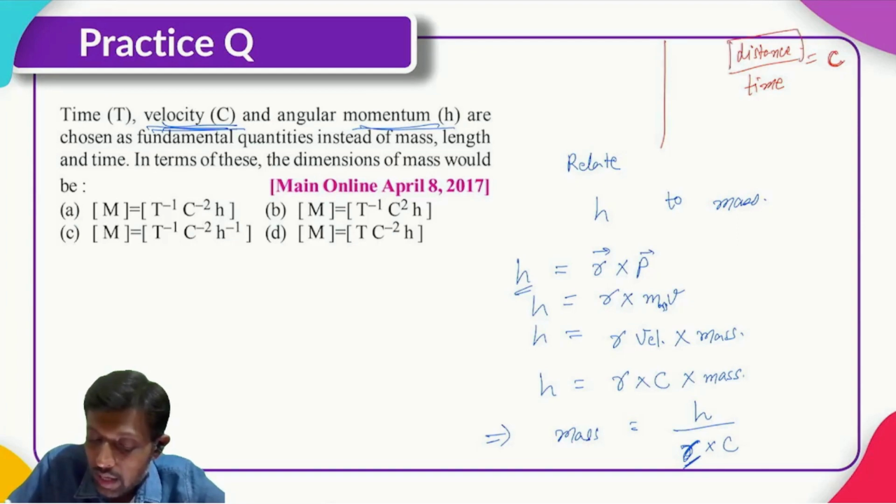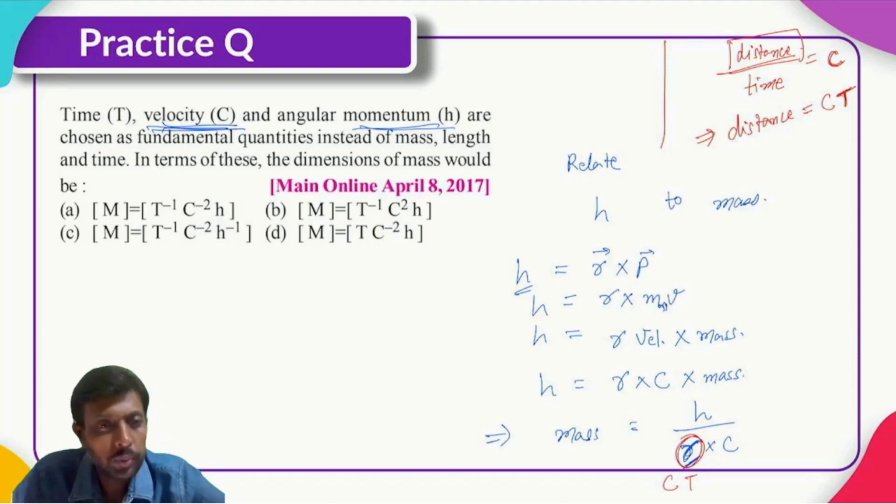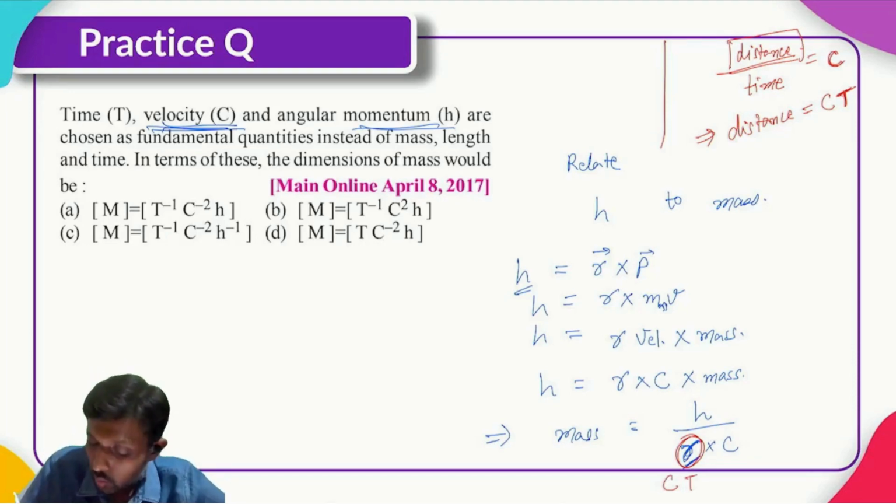So distance can be represented as distance vector or radius vector, which is also a distance vector, can be represented by c into time. Yes or no? Yeah, c into time. So this r can be written as ct. I hope you agree.